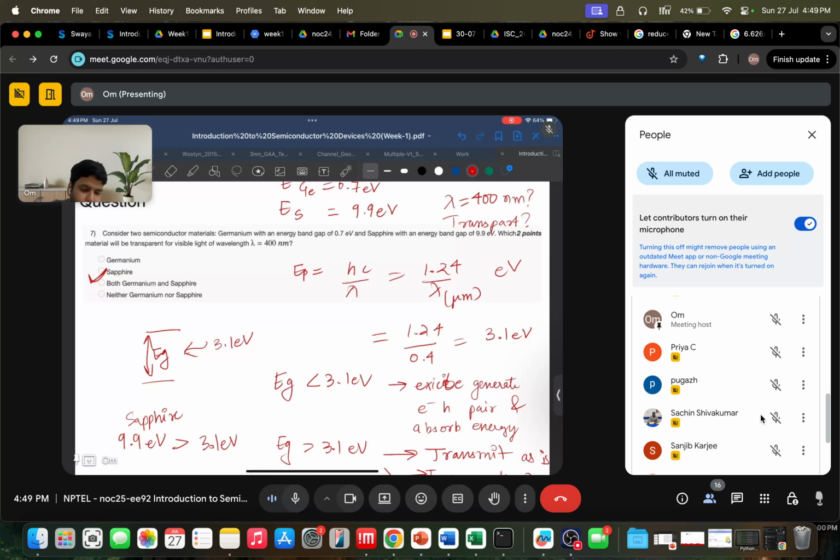Okay, what would be the wavelength of that color, silver or gray? Let's check.